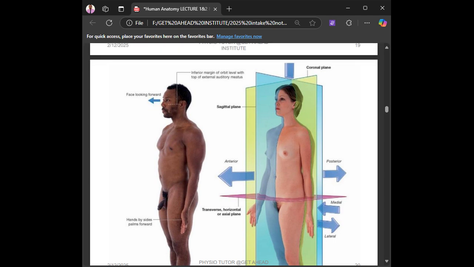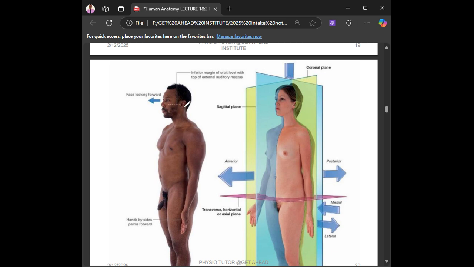Okay, the eyes should be focused at a distant object, and the mouth should actually be closed, and the face should be neutral. Then the infraorbital margin, this one here, should be in the same horizontal plane as the external acoustic meatus, or external auditory meatus.